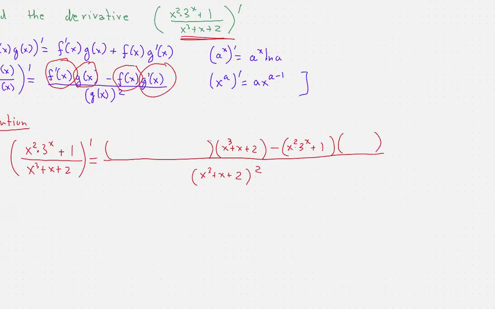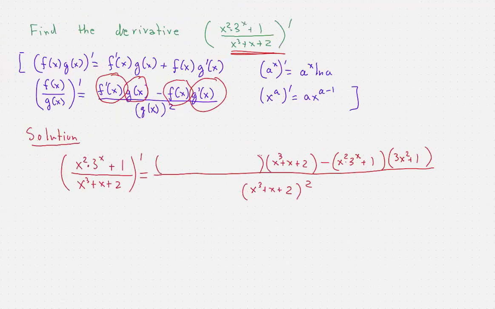The interesting part is the derivative of the numerator, where we have the sum of two things. x squared times 3 to the x plus 1, right? The derivative of 1 is 0. What is the derivative of x squared times 3 to the x? This is a product.